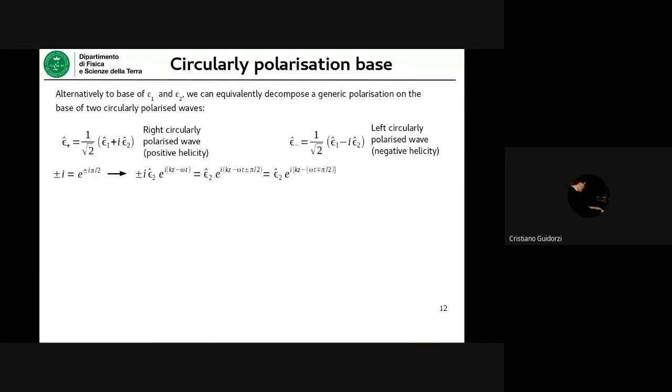So you can describe any possible generic polarization, instead of using the two linear unit vectors epsilon 1 and epsilon 2, which are Cartesian vectors, one for the x-axis and the other for the y-axis. You can use, in a fully equivalent way, a linear combination of these two new vectors, the circular polarization basis.